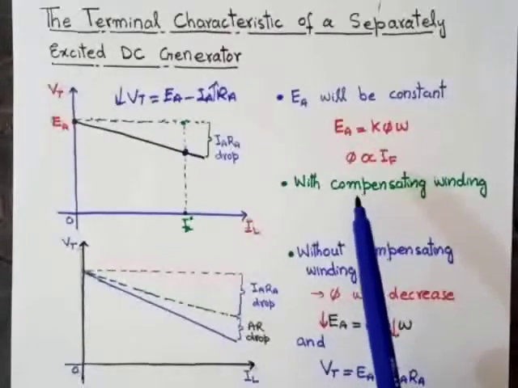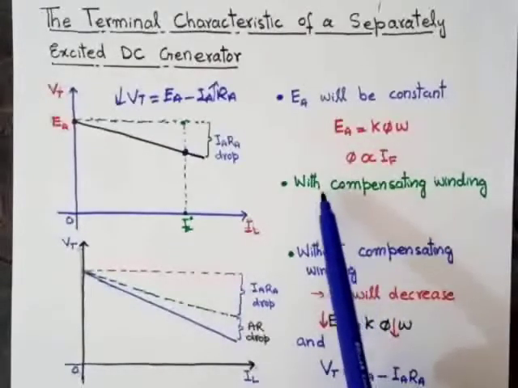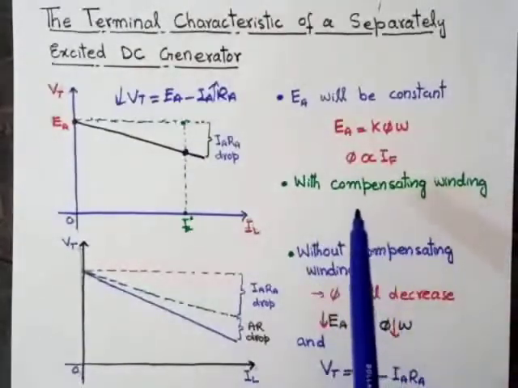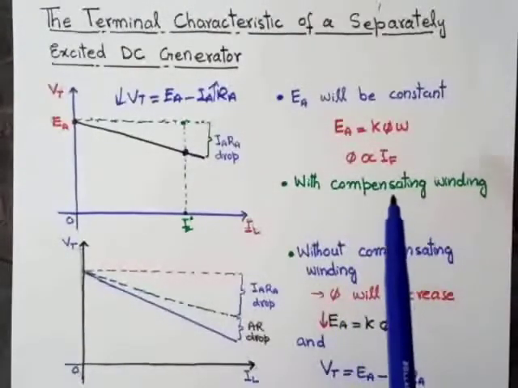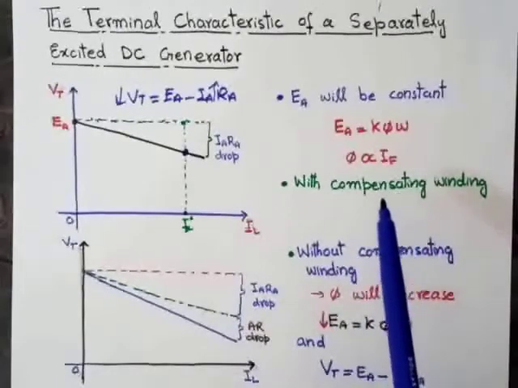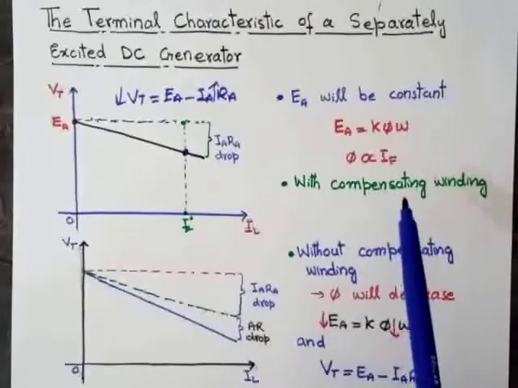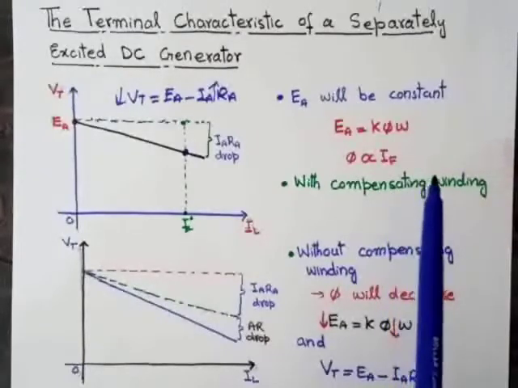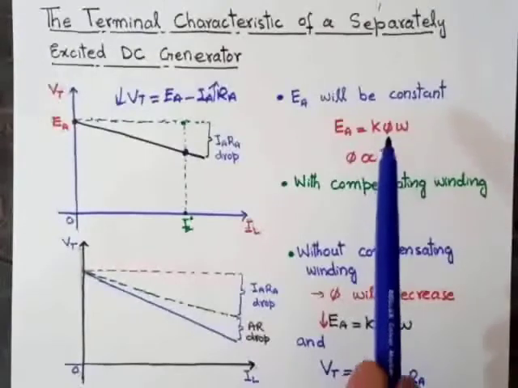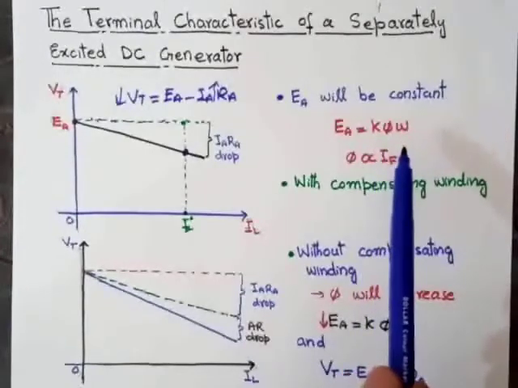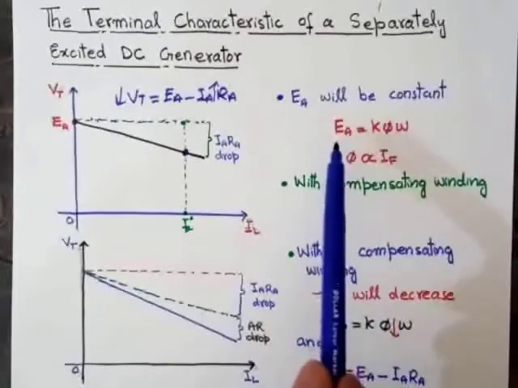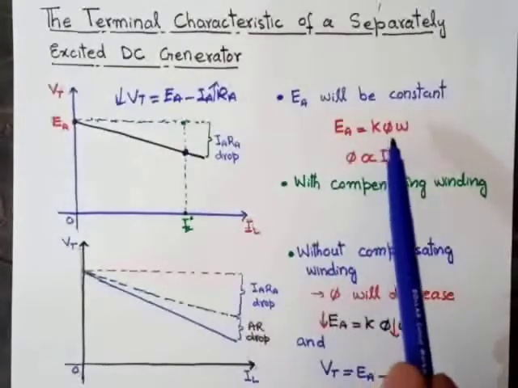As we have already discussed in detail, when we connect the load, armature reaction will occur. Due to armature reaction, the value of flux will decrease. The relationship between flux and internal generated voltage is directly proportional.